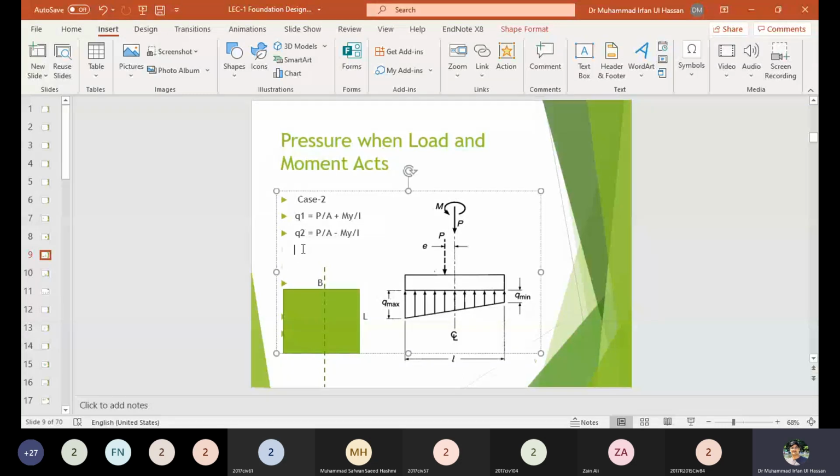What is P? यहाँ पे P क्या चीज है. P is the load, A is the area of footing, B into L या B into जो भी कह लें, B into L. इस case में movement जो है वो एक ही था. That movement is the movement about the centroid of the footing.